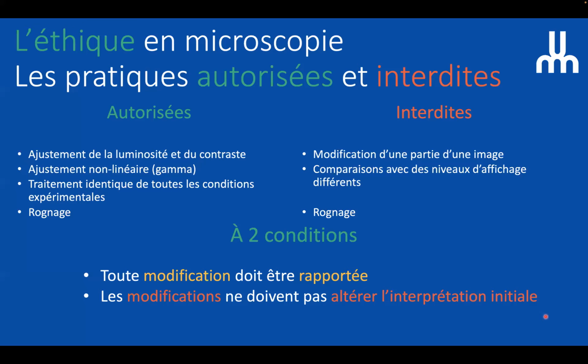I have the same thing in my test condition, and I say, okay, all the cells around are very bright, but I want to show that the signal decreases. So I'm going to crop on the cell that has a lower signal. This you cannot do. If it changed the conclusion, then you cannot do that. So actually all the things you do are conditional to these two things: reporting and not changing the interpretation of the data.